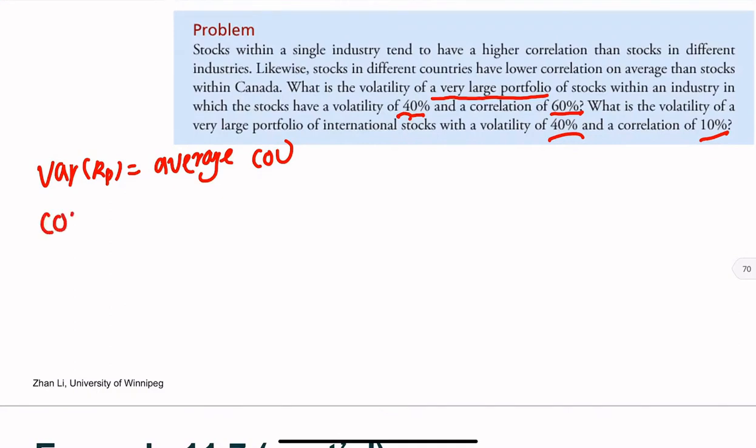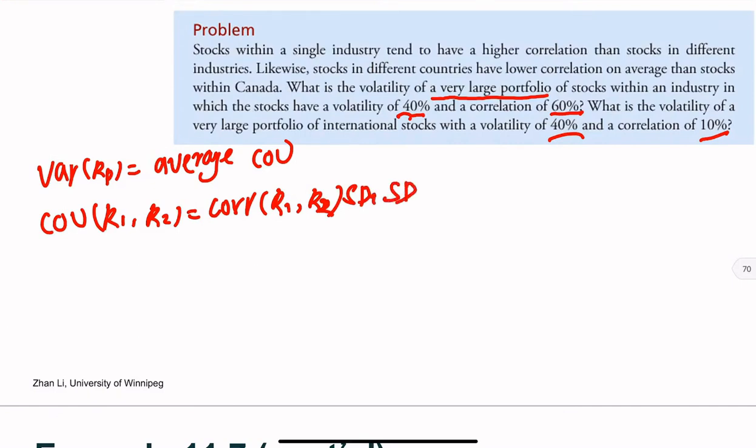Okay, so covariance of stock 1 and stock 2 equals correlation of stock 1 and stock 2 times standard deviation of stock 1 times standard deviation of stock 2. So here you can see that we're trying to calculate the average covariance here.